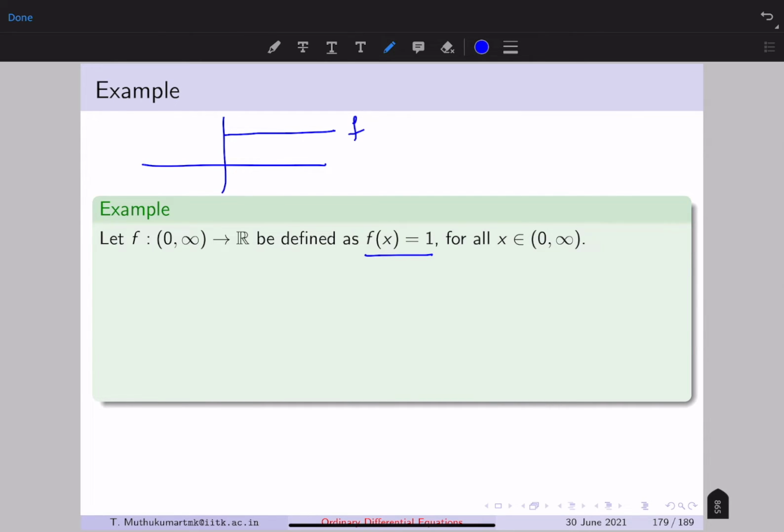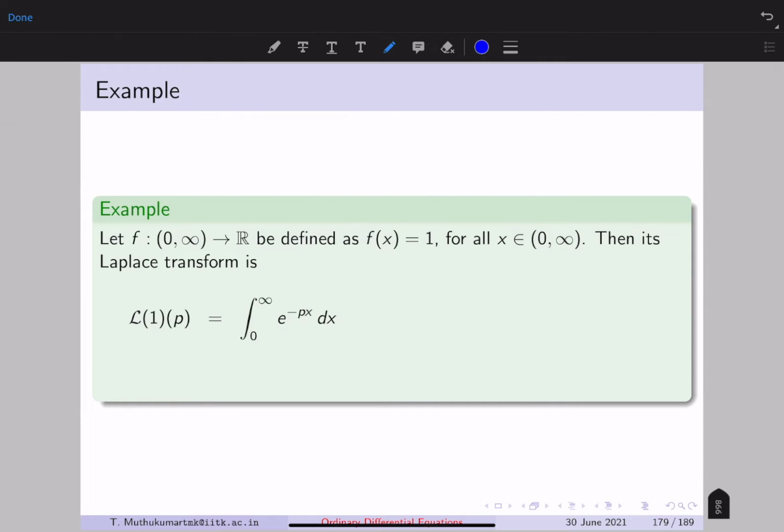What is the Laplace transform of this? Let's apply the definition. By definition, the Laplace transform of f, which is the constant function 1, is the integral from 0 to infinity of 1 times e power minus px dx. You just have to integrate this. Since this is 0 to infinity, you can think of it as the limit as r goes to infinity of the integral from 0 to r of e power minus px dx.